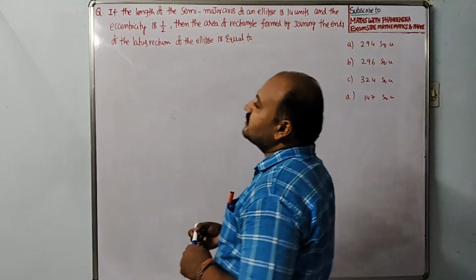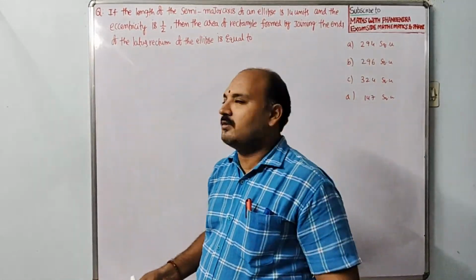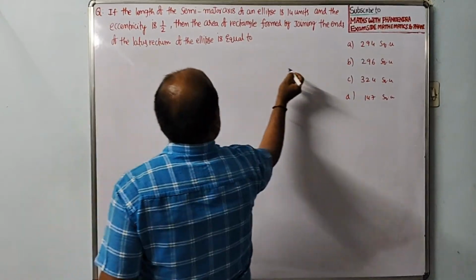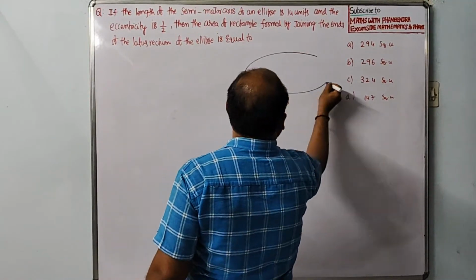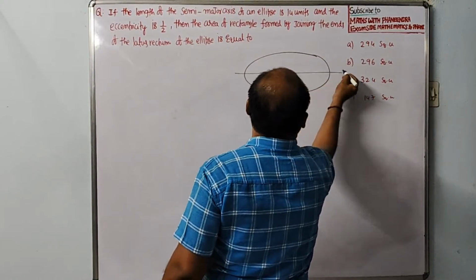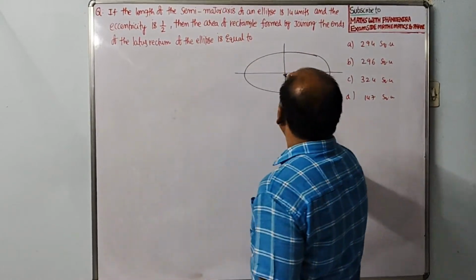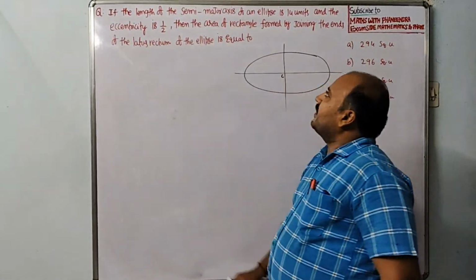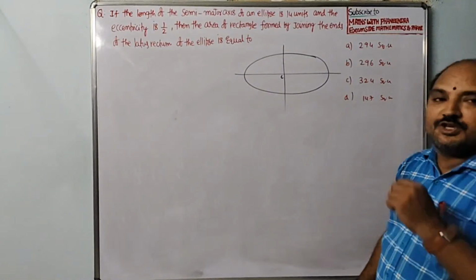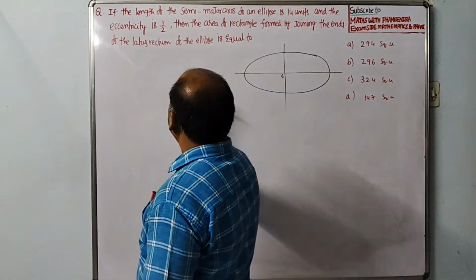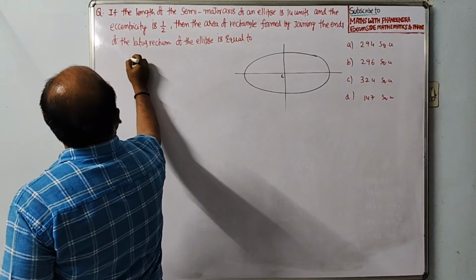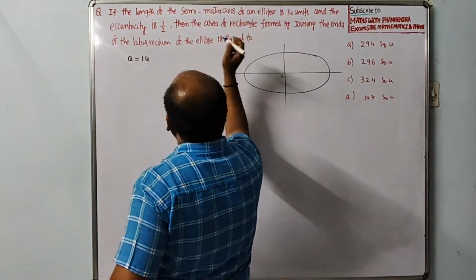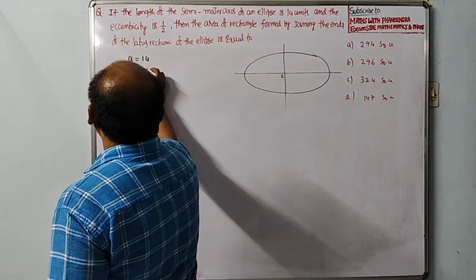See, first draw the rough figure according to the question. Here I will draw the rough figure of the ellipse. Okay, this is the center. The length of the semi-major axis of the ellipse is 14 units, so A is equal to 14 and eccentricity e is equal to 1 by 2.